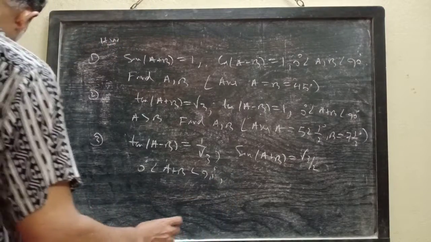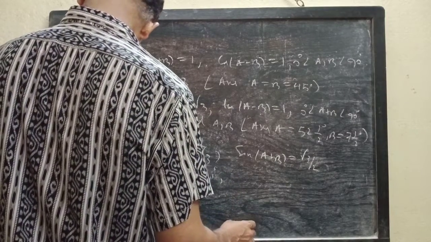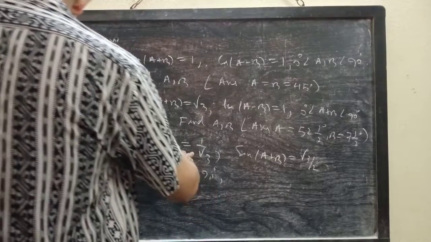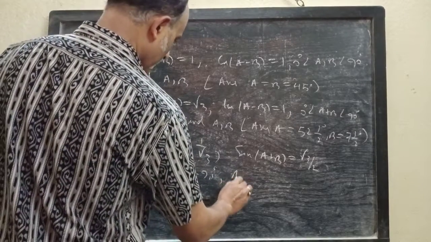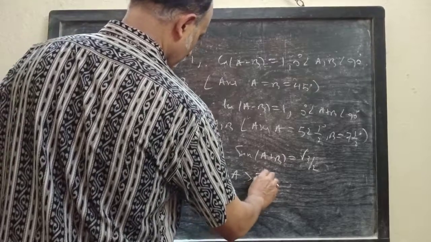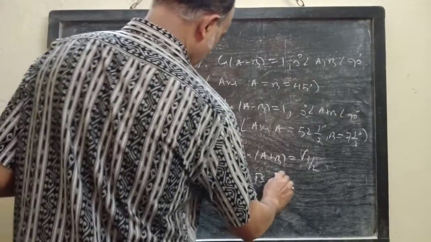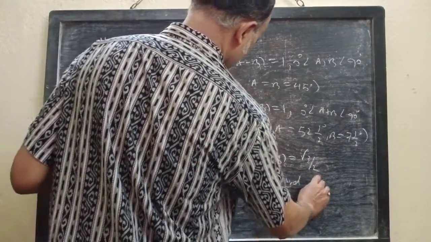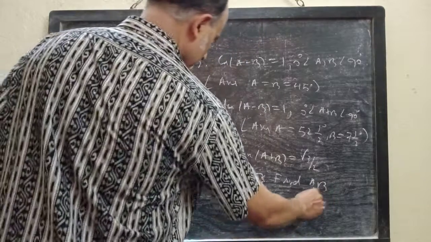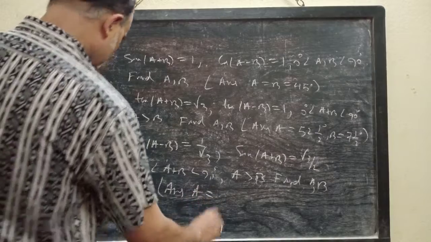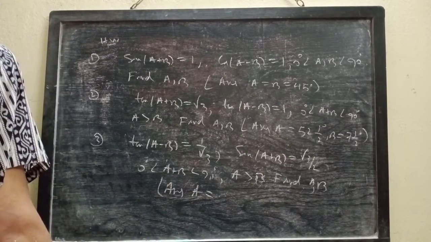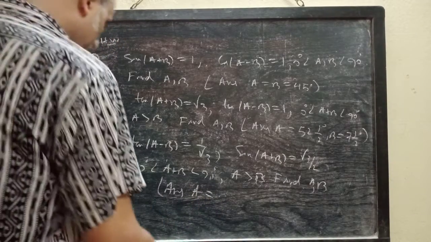A greater than B. Find A and B. Answer: A equals 45, B equals 15.